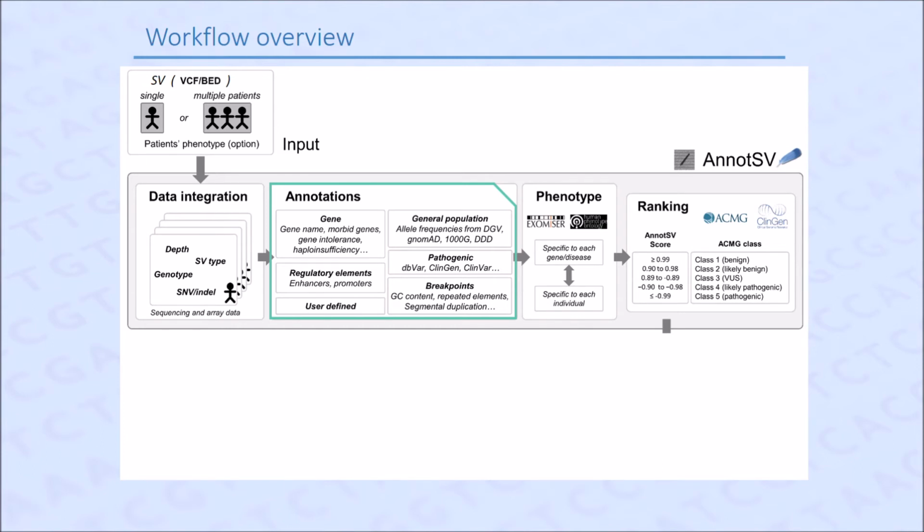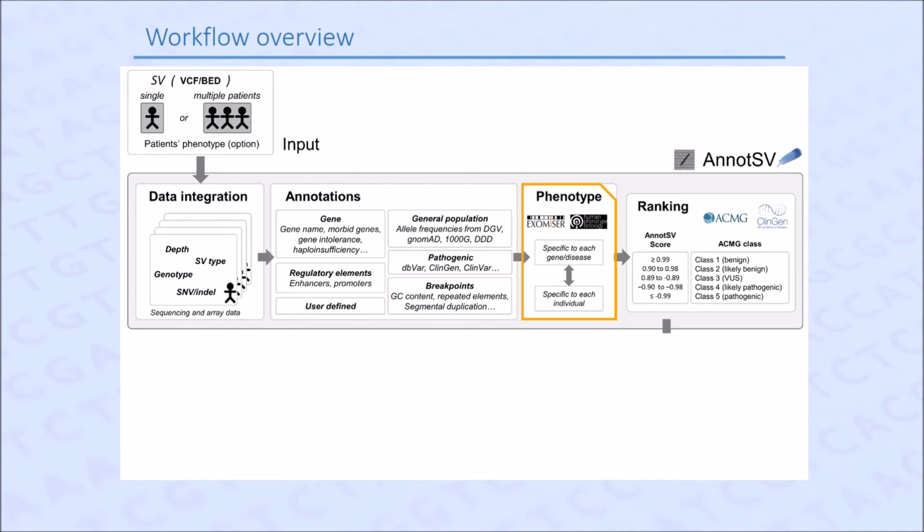And AnnotSV also aggregates general population frequencies, non-pathogenic regions or regulatory elements overlapped, and breakpoint information. Moreover, AnnotSV permits some custom annotations to be added, for example, regions of homozygosity for a patient or internal lab frequencies.